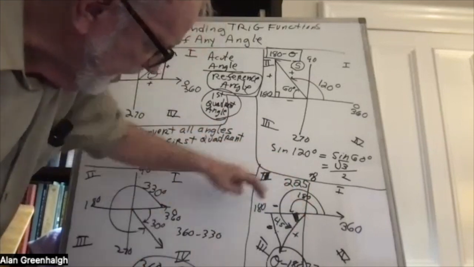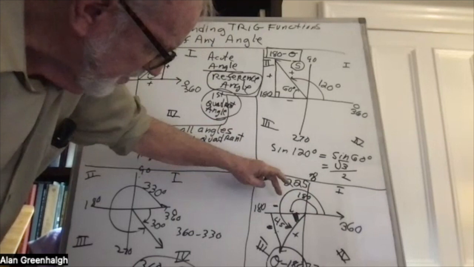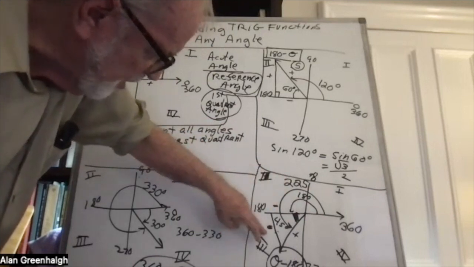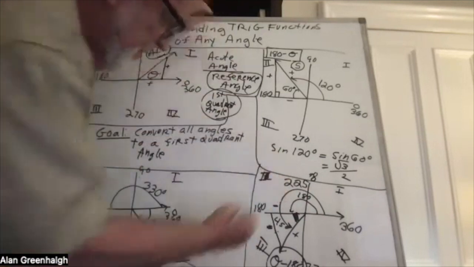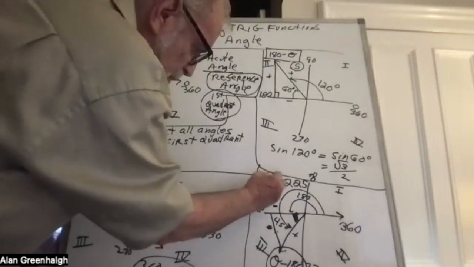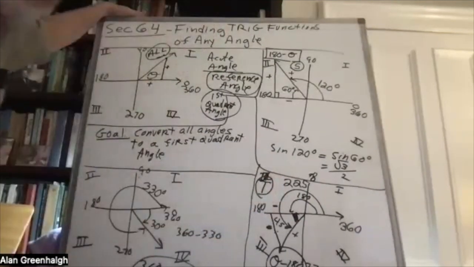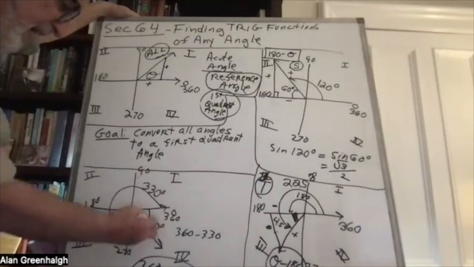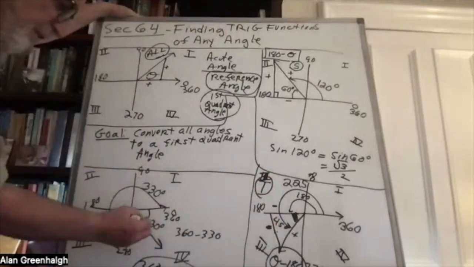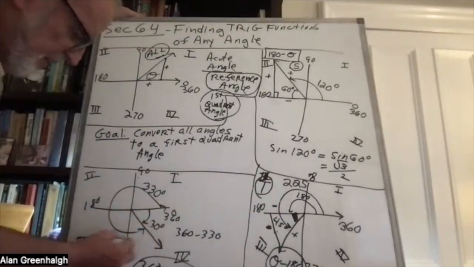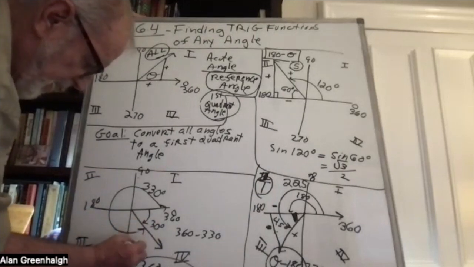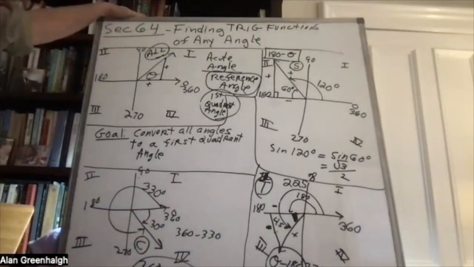Therefore, that's going to be negative. The tangent, though, is opposite over adjacent. That's going to be positive. So the tangent is positive in the third quadrant. And in the fourth quadrant, I'll just tell you that the cosine is the only one that's positive.